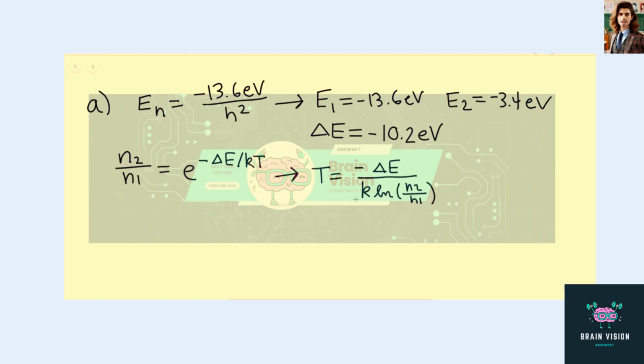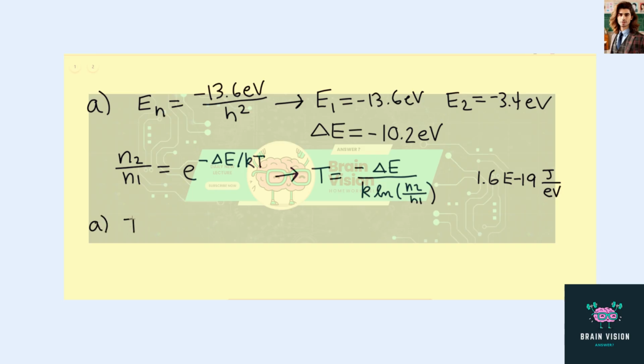From here, we can plug in the occupancy ratios for parts A, B, and C. k is the same, delta E is the same. We need to convert into electron volts, so we can use the conversion factor 1.6 times 10 to the negative 19 joules per electron volt to convert k into its electron volt version.